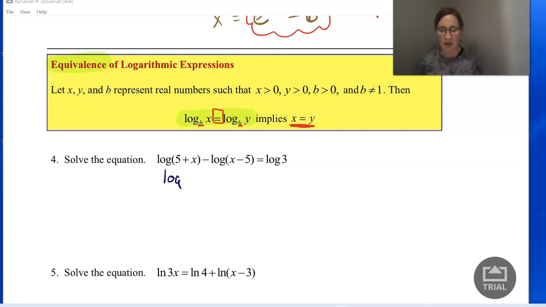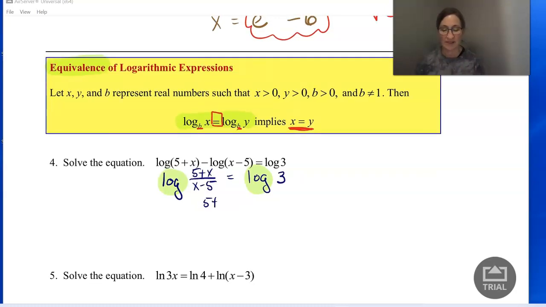So that's going to be log of (5 plus x) over (x minus 5) is equal to log 3. So I have exactly the same common log on both sides of my equation. They have the same base 10. So my arguments can be set equal to each other. So I can take (5 plus x) over (x minus 5) equal to 3.